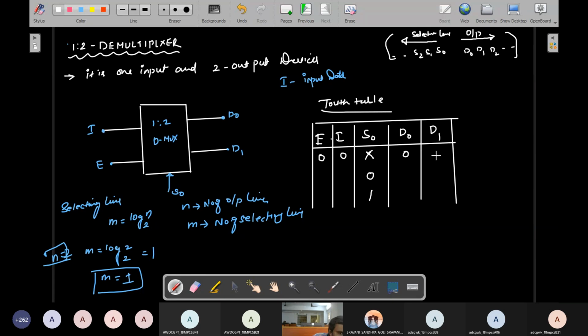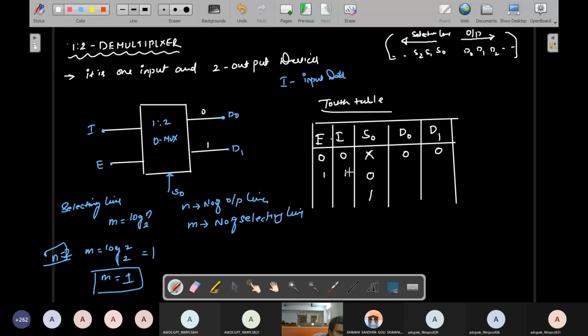Therefore our D0 and D1 lines are also 0, because the output is also 0. After that, put enable in the high condition and give data also in the high condition. If data is equal to 1, then this column represents the 0 level and this one represents the 1 level.